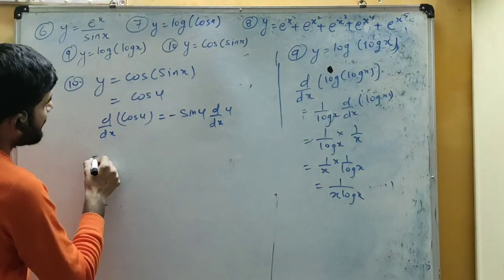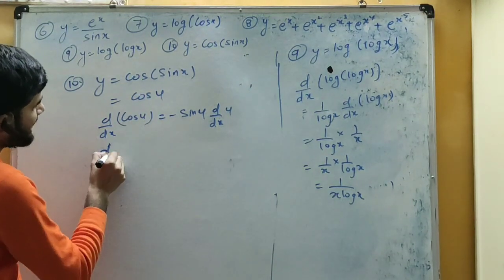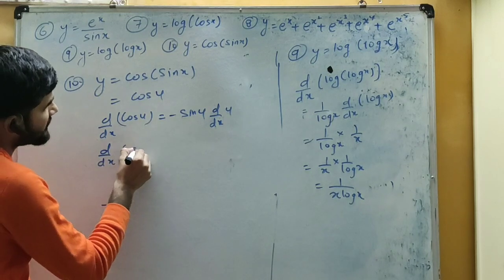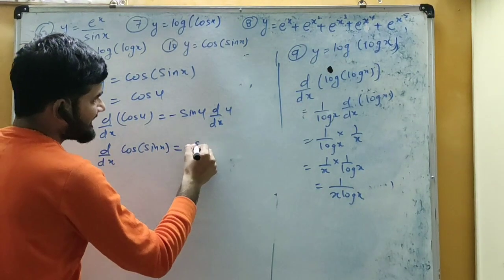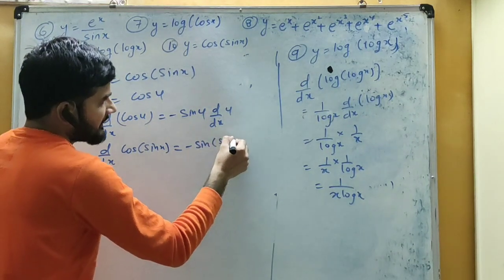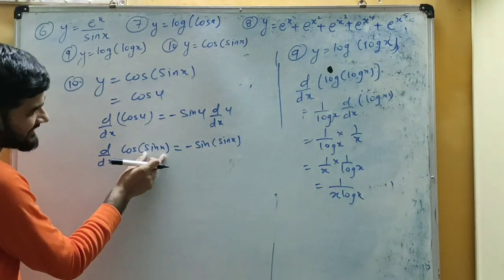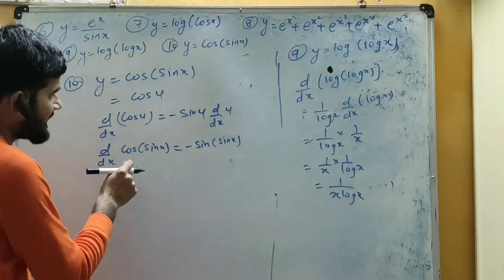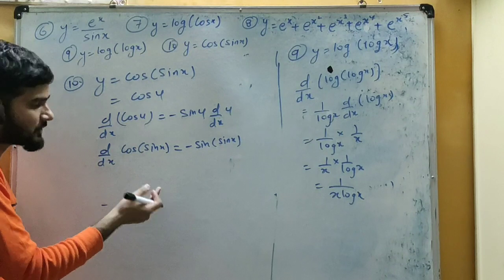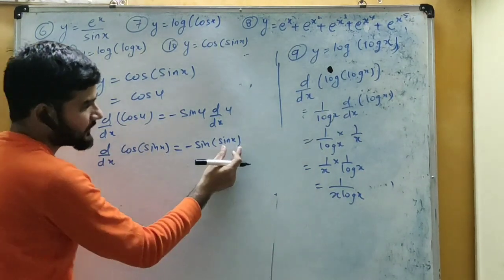So here d by dx of cos of sin x is equal to minus sin of sin x. See here, this sin x is the function inside the cos, or we can say this cos is a function of sin, meaning in place of x we are writing sin x.